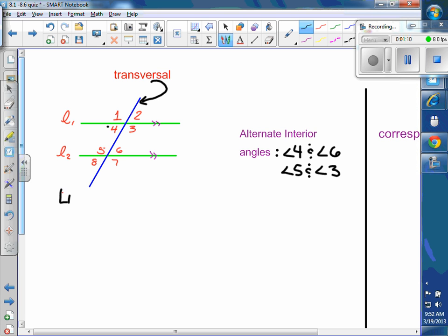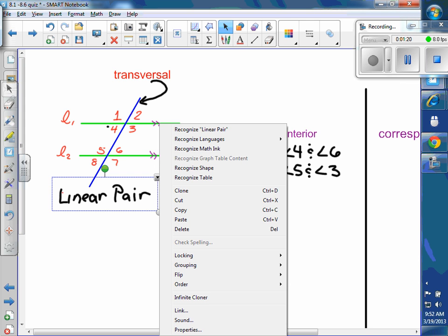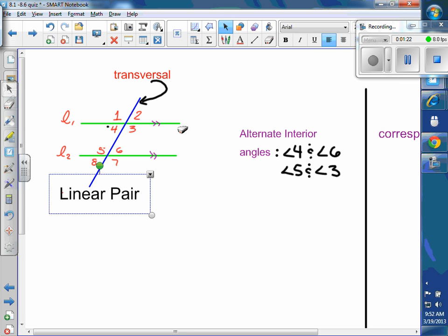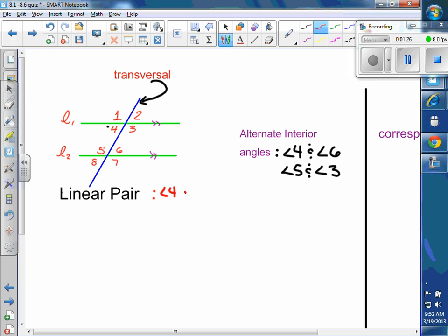Those are supplementary, remember that from yesterday? So angle 4 and angle 3 would be a linear pair. Angle 4 and angle 1, angle 3 and angle 2.